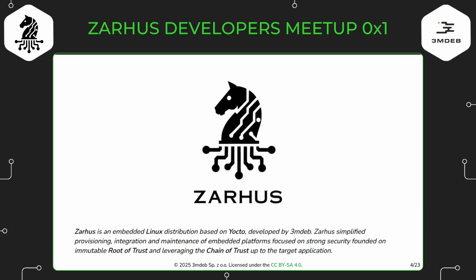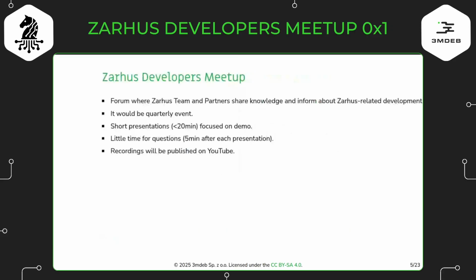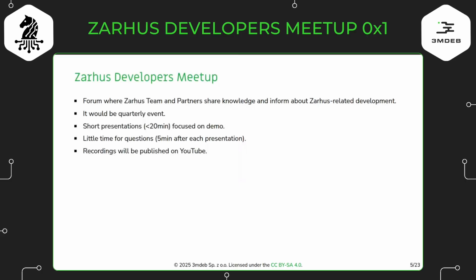It's developed by 3mdeb. Zarhus wants to simplify provisioning, integration, and maintenance of embedded platforms with a focus on leveraging root of trust and chain of trust technology, so our clients' applications can be correctly secured and deployed in a trustworthy manner. But it's not only about that.